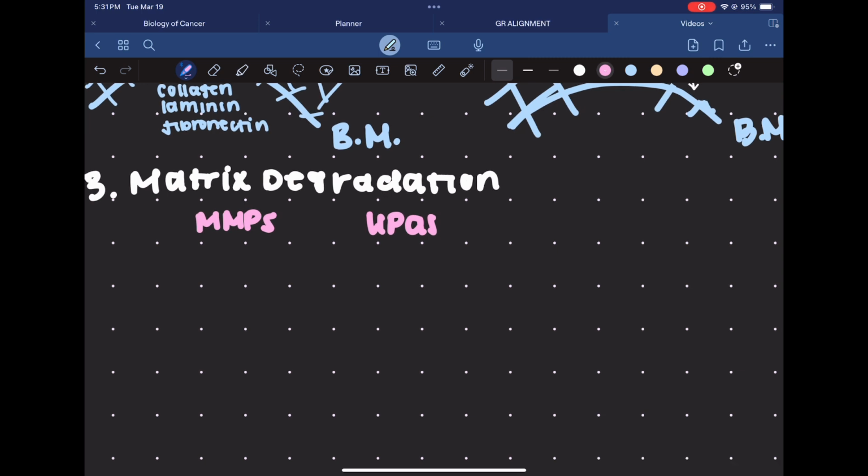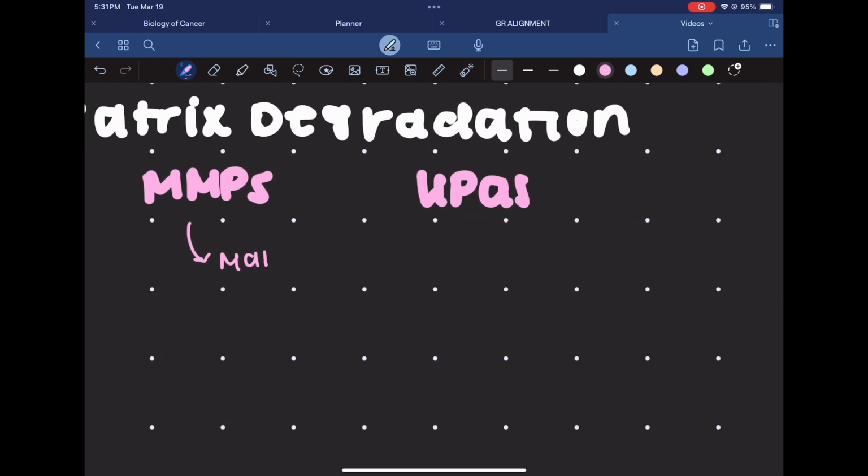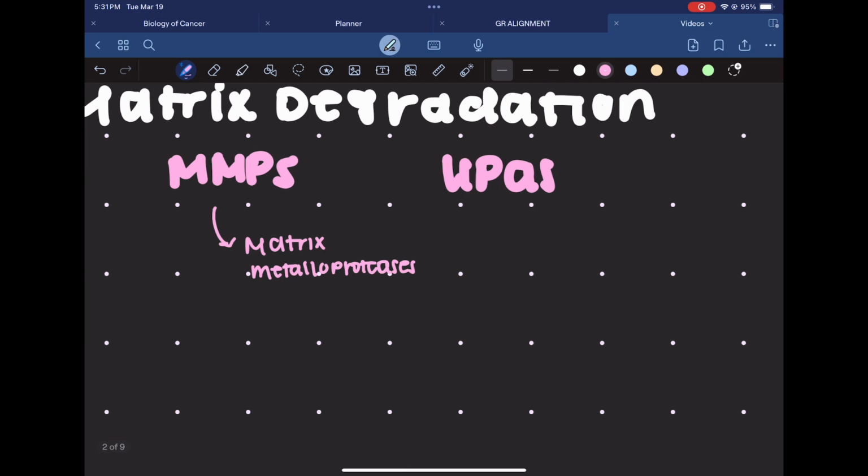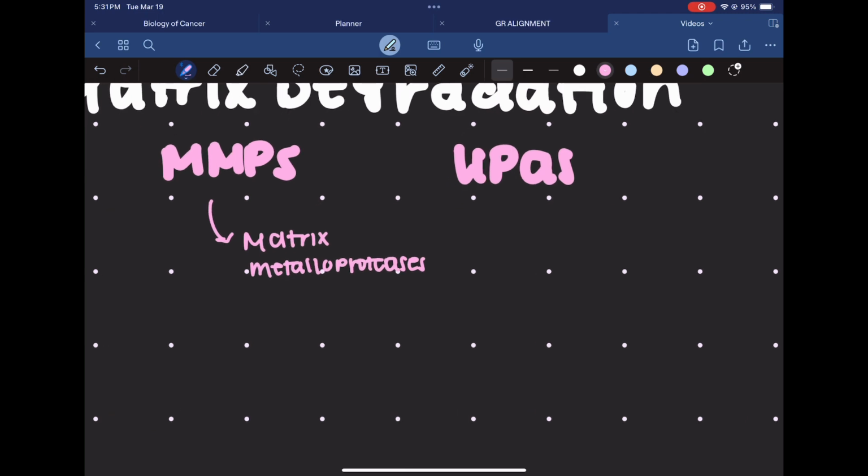So MMPs, if I write down the abbreviation, these are the matrix metalloproteases. And these are going to be degrading the matrix.